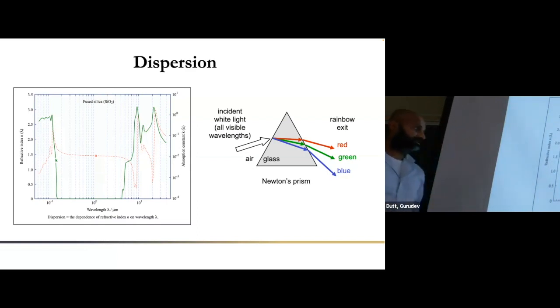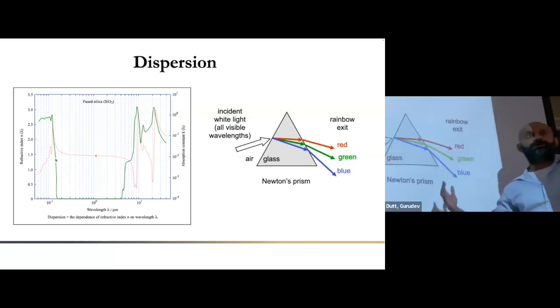What that means is that when incident light is on a piece of glass, we observe colors coming out, which is of course Newton's famous experiment where you take white light on glass and you get all these different colors, red, green, and blue.